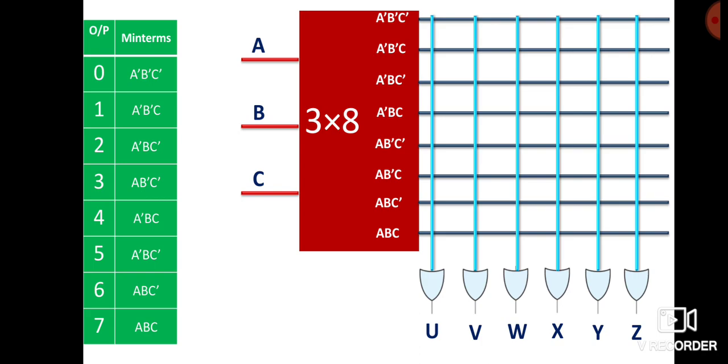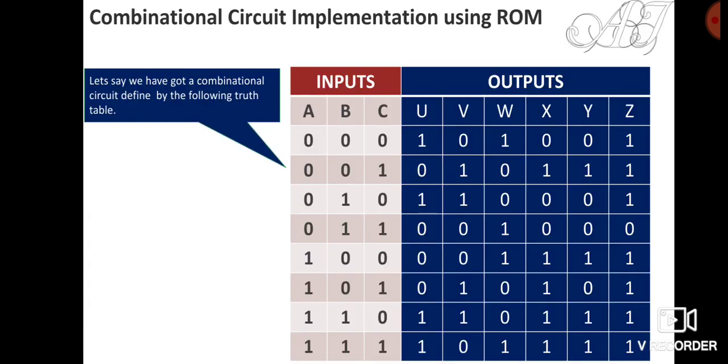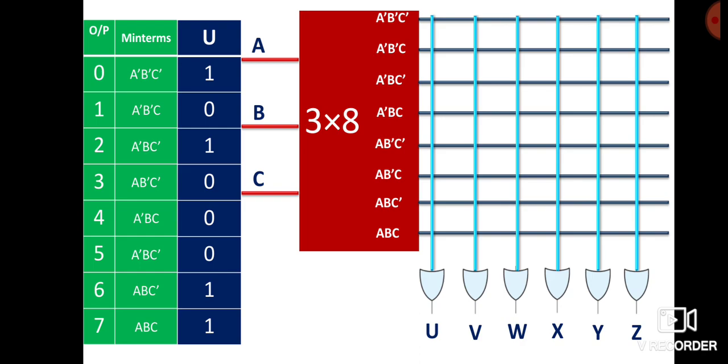Now let's see the function that we have to realize. So this is the function. Because of the limitation of space, I will take individual outputs. The first output is U, so let me have that U here. Now for this U, I have to observe which particular outputs I want.